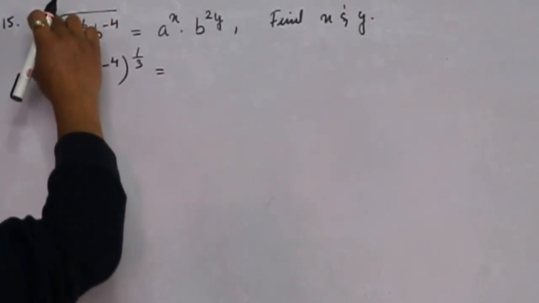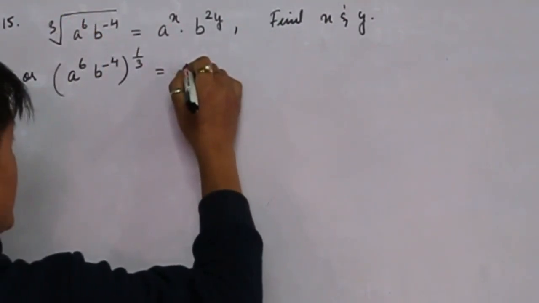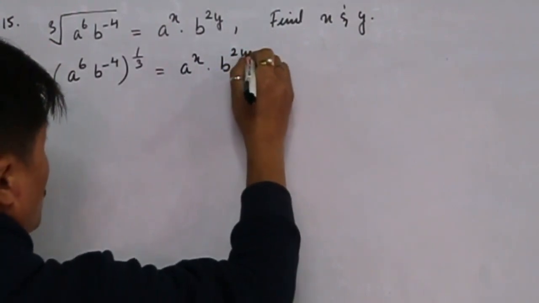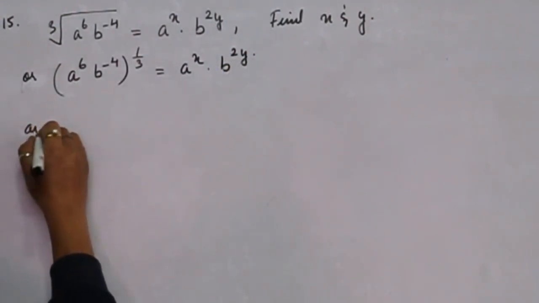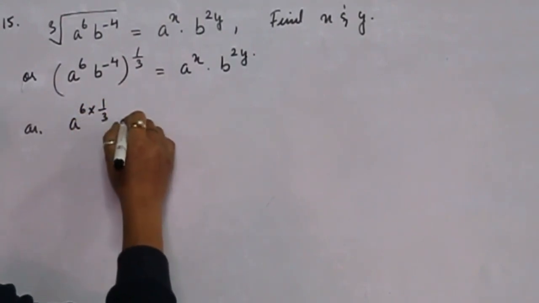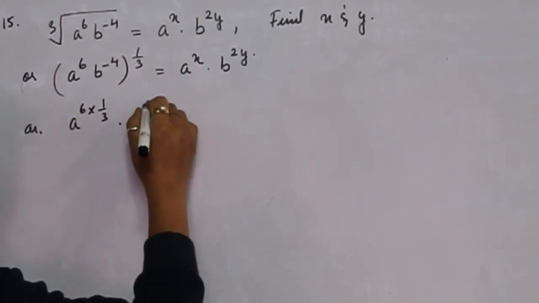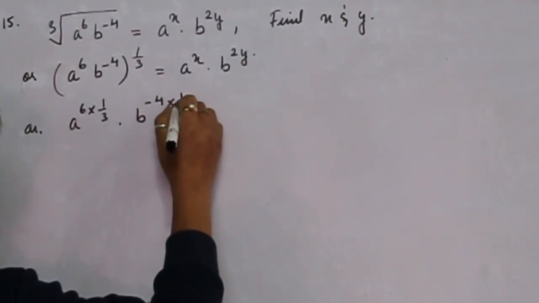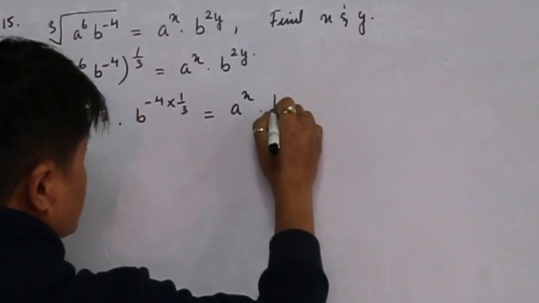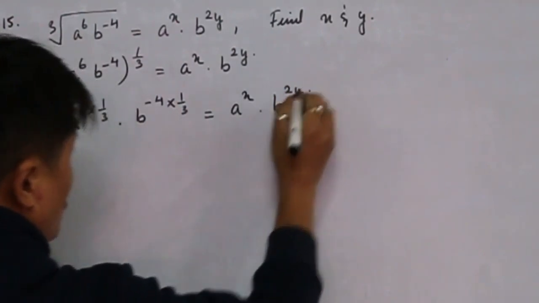This can be written as a to the power 6 into 1 by 3 into b to the power minus 4 into 1 by 3 equals a to the power x into b to the power 2y.